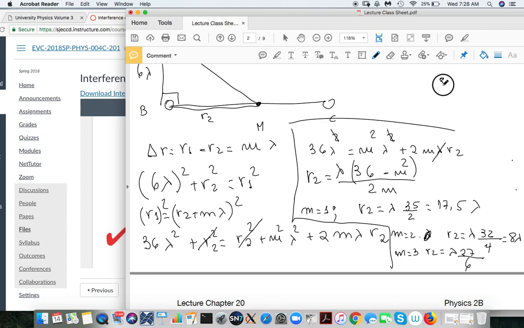For m equal 4, R2 is equal to lambda multiplied by 36 minus 16, divided by 8, right?